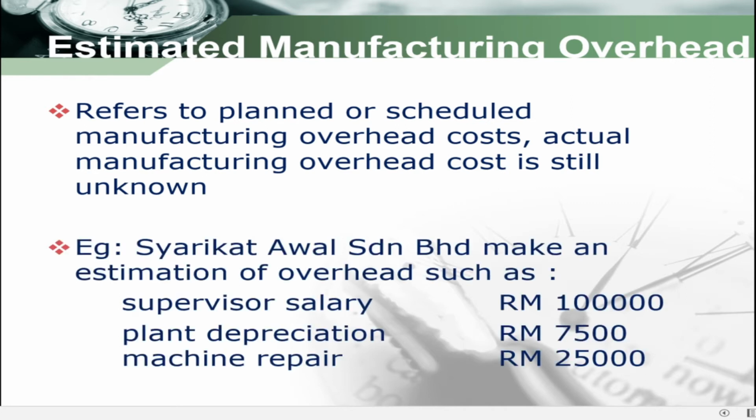Example: Syarikat Awal Berhad makes an estimation for overhead such as supervisor estimated 100,000, plant depreciation estimated 7,500, and machine repair estimated 25,000. But the actual amount is unknown.